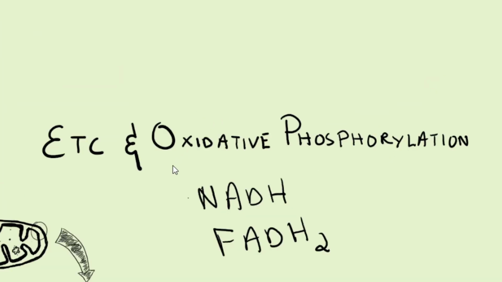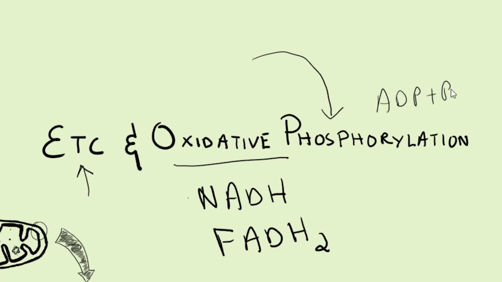Again, the oxidation of NADH and FADH2 produces electrons that will be transported through a chain of protein complexes, and this transport is coupled with the translocation of protons from the matrix into the intermembrane space that creates a proton gradient, and that gradient will be used to phosphorylate ADP and Pi to make ATP.